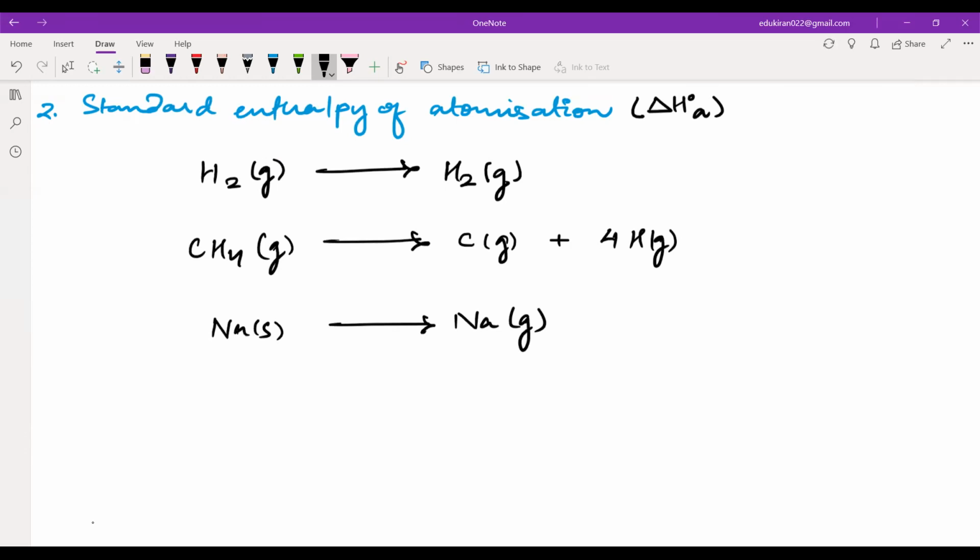So what we are seeing here, we are converting a substance, a molecule, a compound into its individual components. Here we wrote H2 only. Sorry, this will be 2H gas, to its individual elements in gaseous state. So the enthalpy change accompanied, and also here one mole.